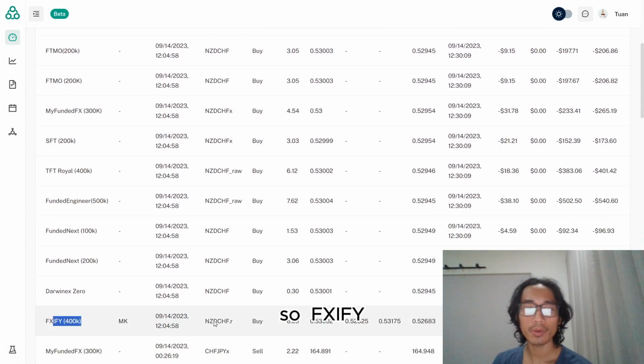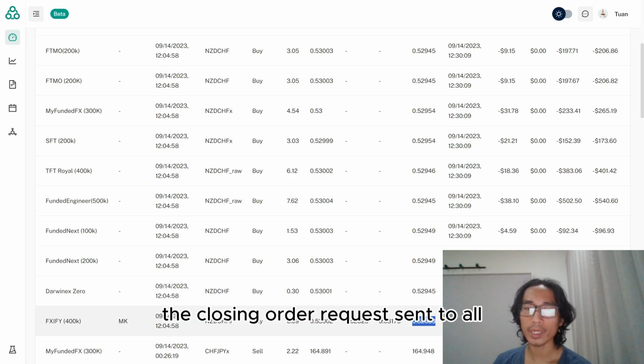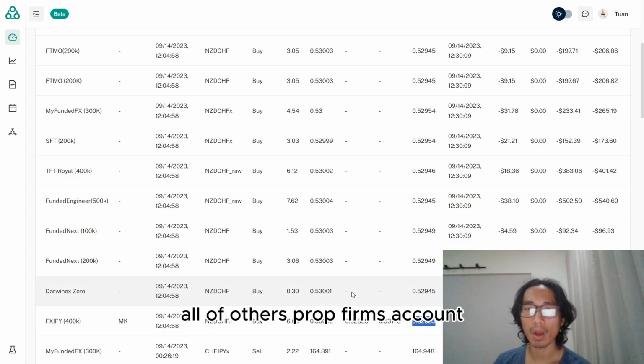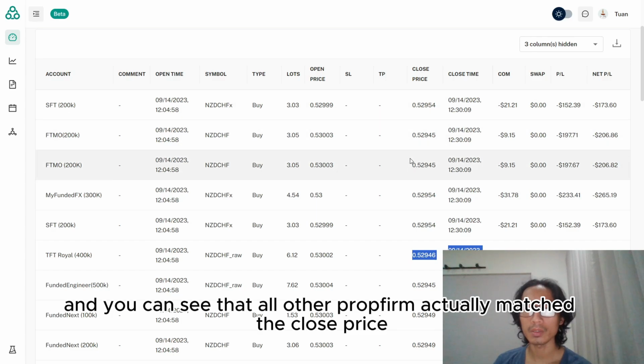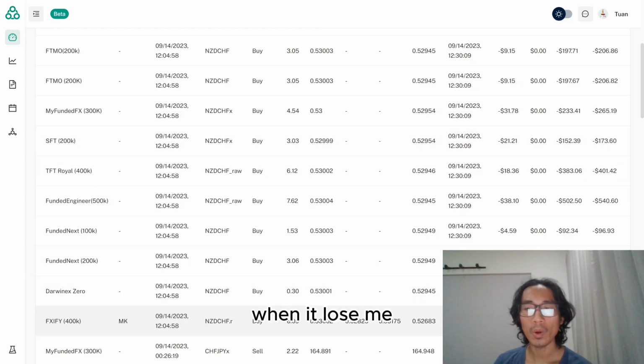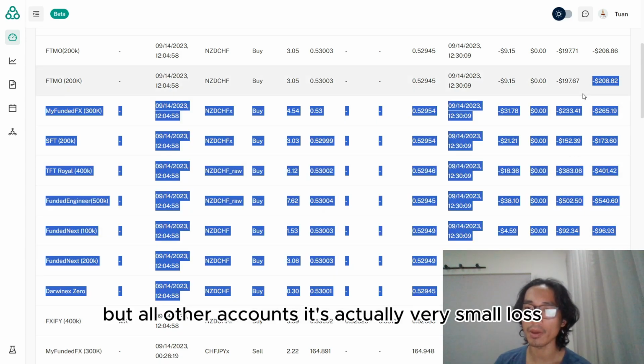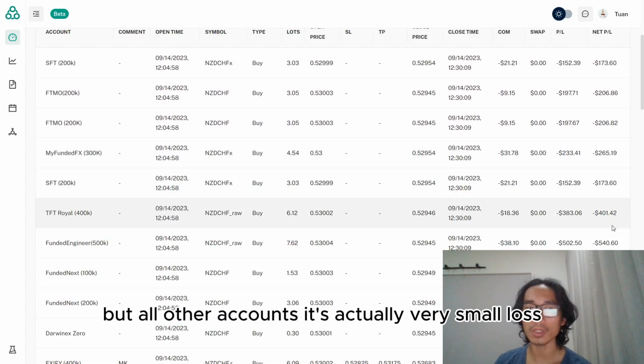So FXify, you can see that the NZD-CHF closed at slippage, 15 pips. And by the time it closed, the closing order request was sent to all of the other platform accounts. And you can see that all other platforms actually match the close price. But FXify lost me 2R, while all other accounts had very small losses.